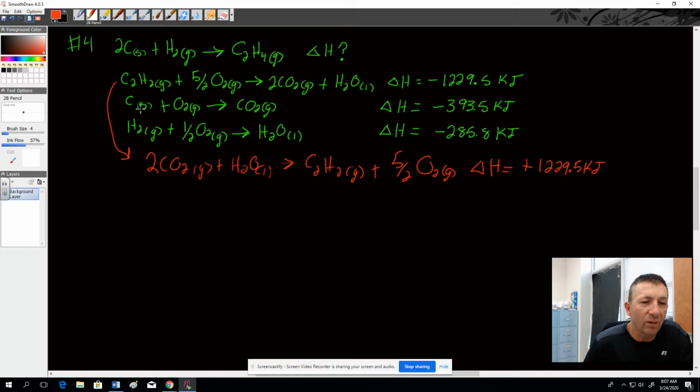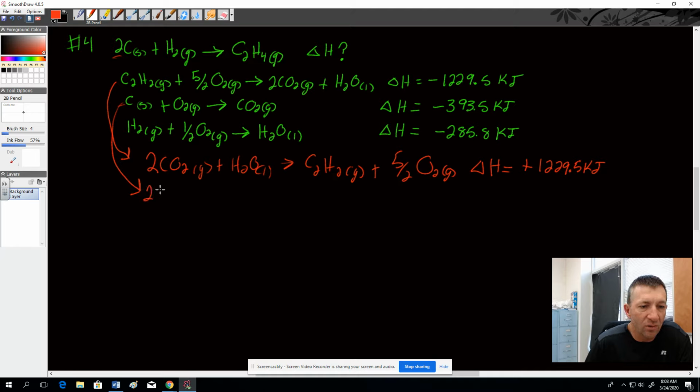Now we're going to go to our next equation. We've got carbon on the left side and carbon on the left. O2 is not in there and CO2 is not in there. But you notice there's 2 carbons here and there's only 1 right here. So we're going to take this whole equation down here and we're going to double it.